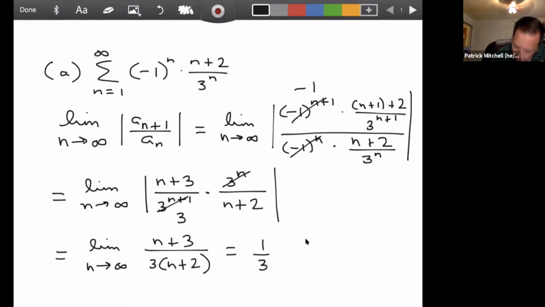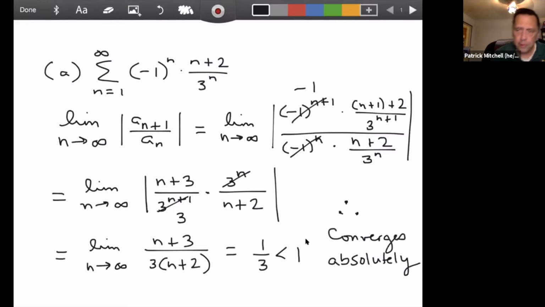Rho is 1/3, which is less than 1. And therefore, this series converges absolutely. And therefore it converges. All right, I like the ratio test.